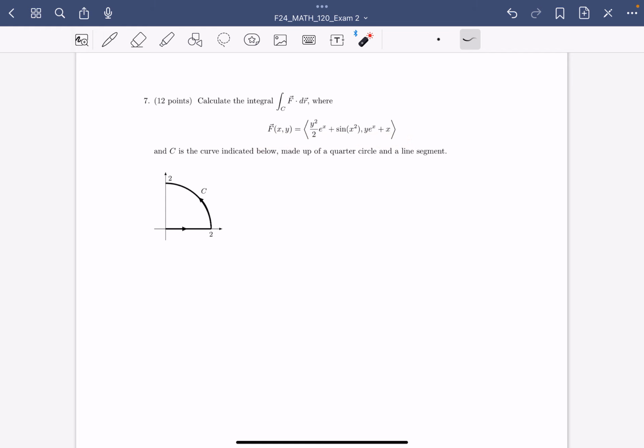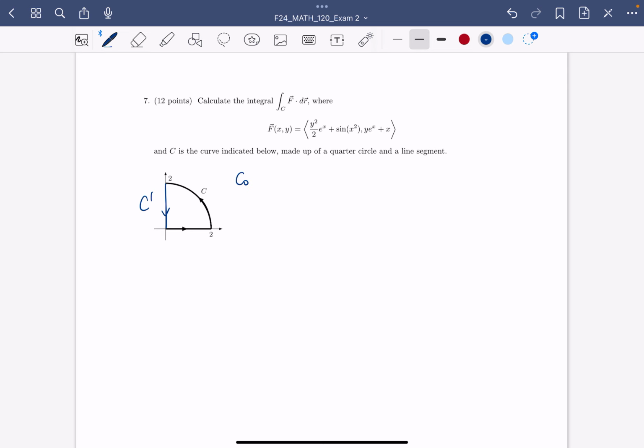But this needs a little creativity, so we could complete this curve by adding one more curve, C prime.